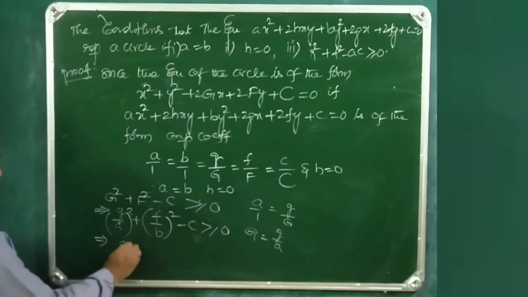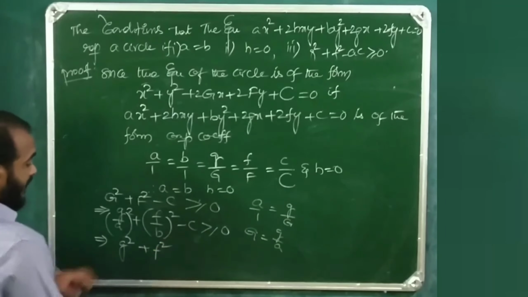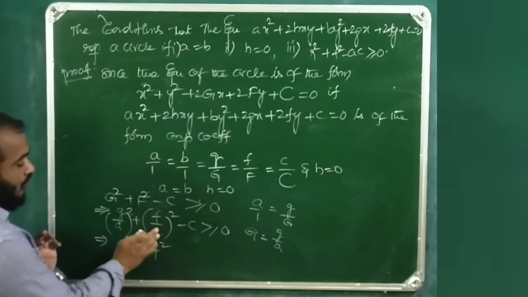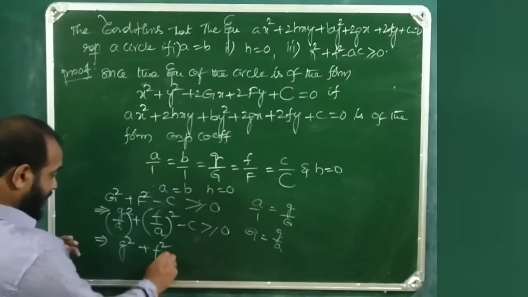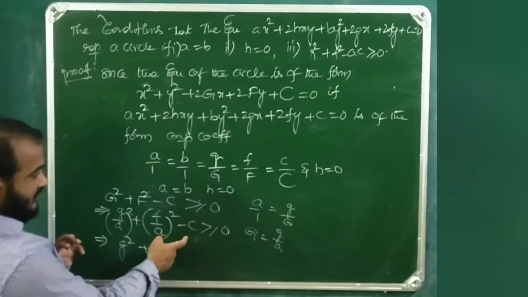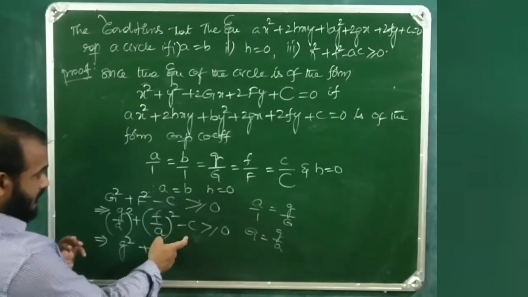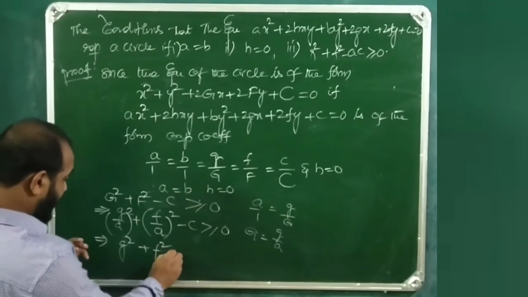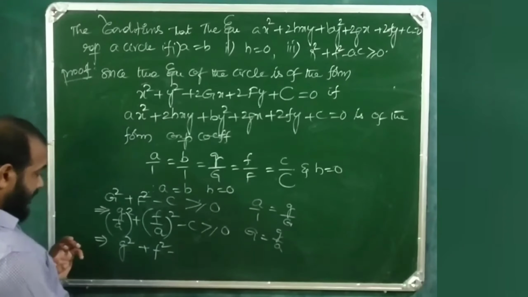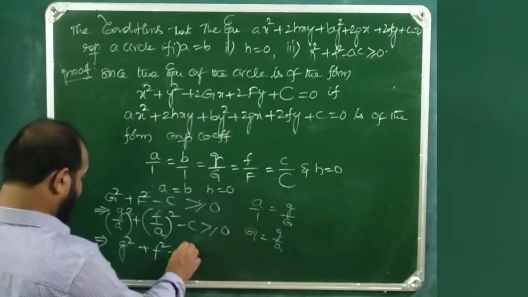From this, g square plus f square, a equals b. If I replace this b as a, then it is g square plus f square minus a square c.